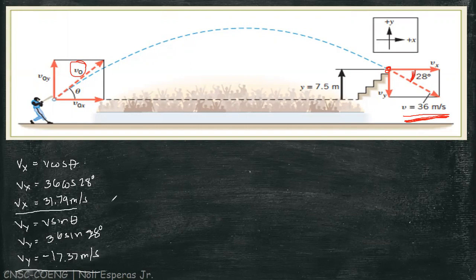Okay, so we have here now the values for the components of final velocity. So next step, let's solve now for the initial component of the velocity. So let's go first for v naught y.